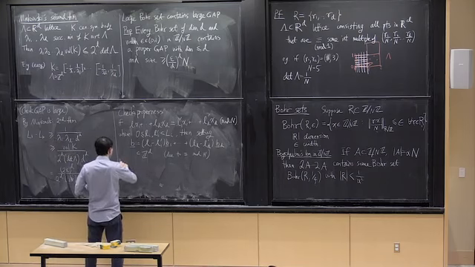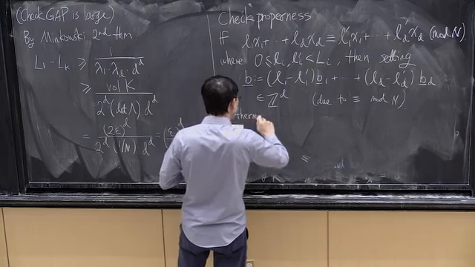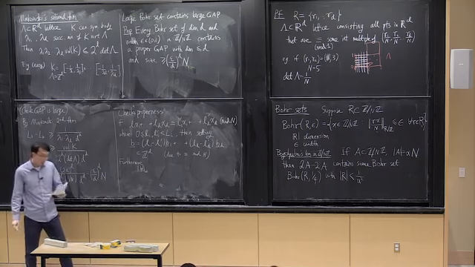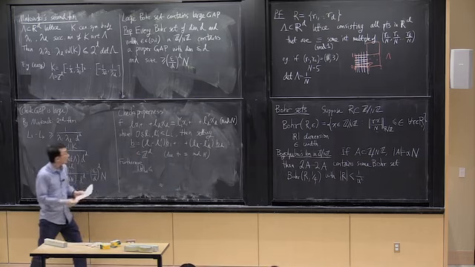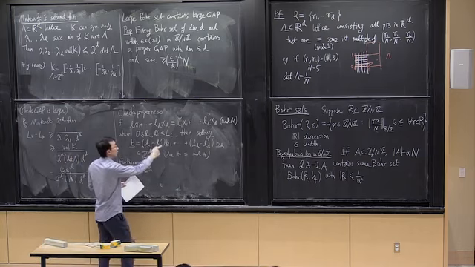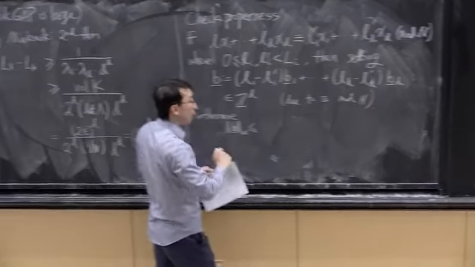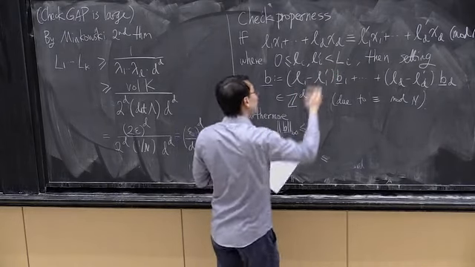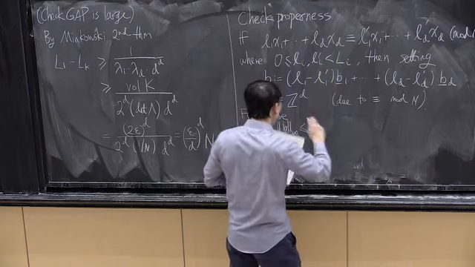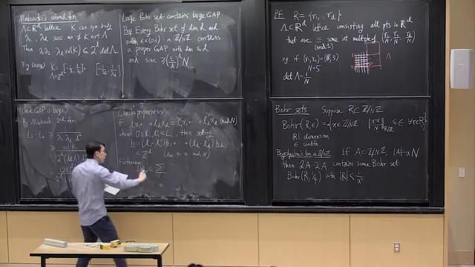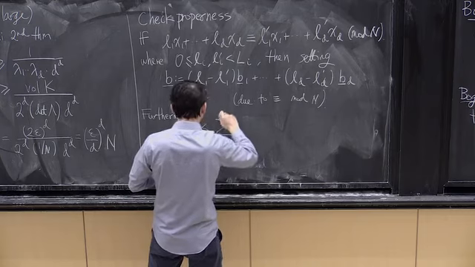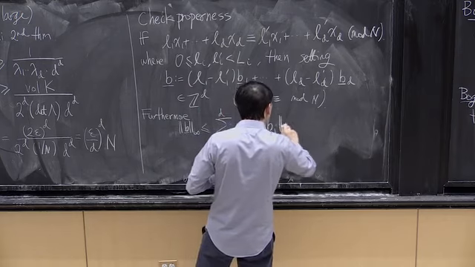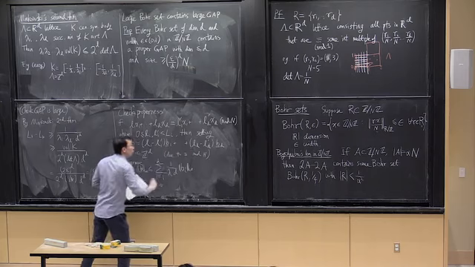And furthermore, the L infinity norm of b is upper bounded by, well, each one of them has small L infinity norm, bounded by less than uppercase L. So the whole sum cannot have L infinity norm larger than this quantity, where I essentially use the triangle inequality to analyze b term by term.